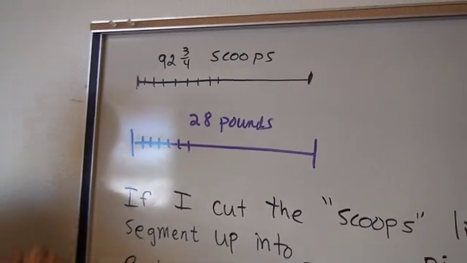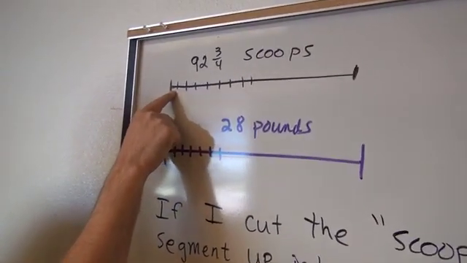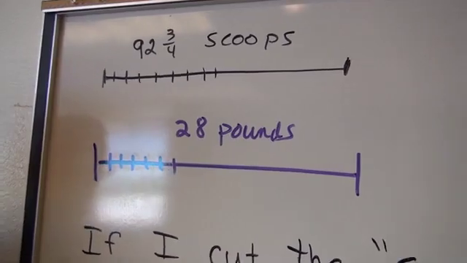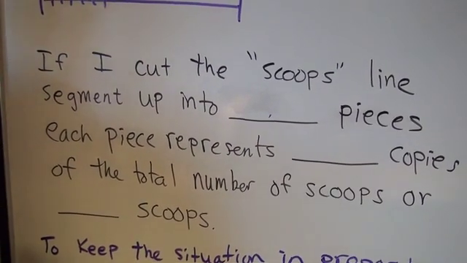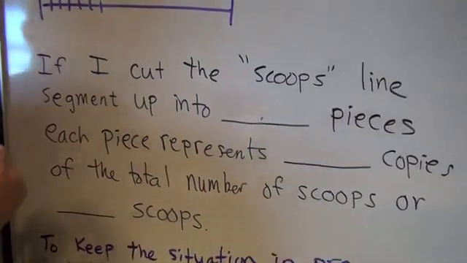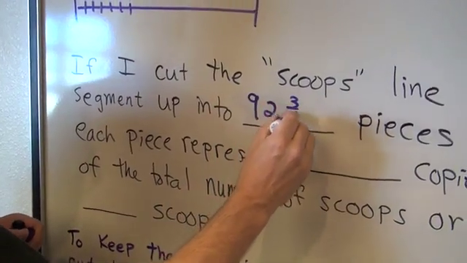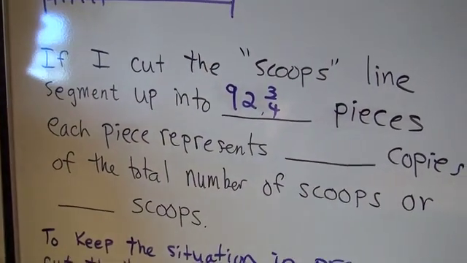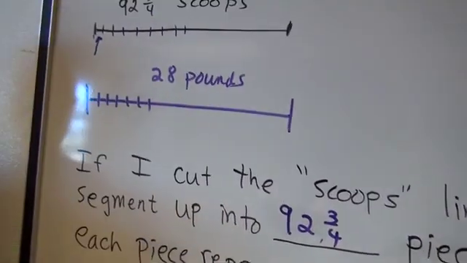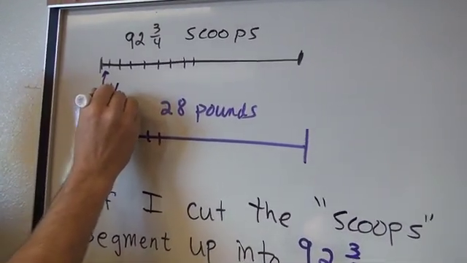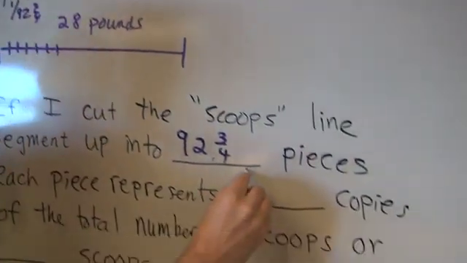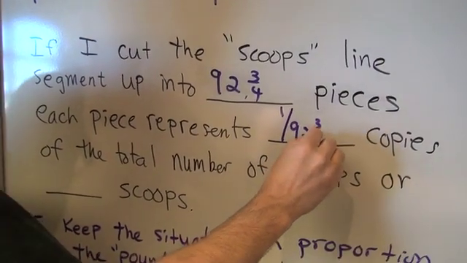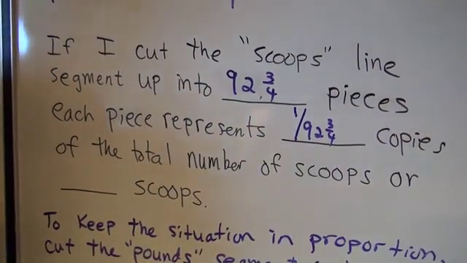So how am I to think about any one of those individual segments? If I cut the scoops line segment up into 92 3/4 individual pieces, then each one of those little pieces would be 1/(92 3/4) of the total number of scoops.